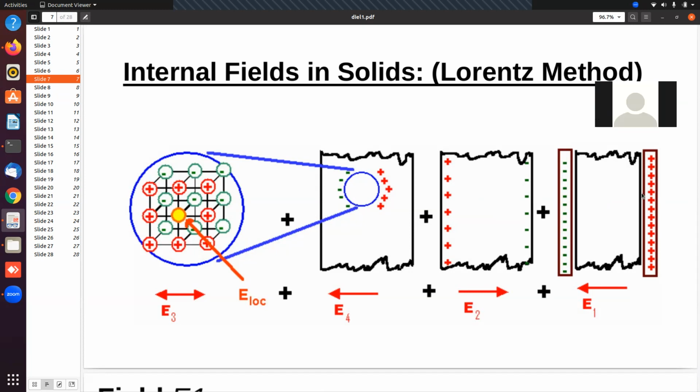Yeah, Banshida. So in figure number 2, that one is also the induced polarization, correct? Yes, yes. And then again you are saying that inside that material there is also a local induced polarization happening. Yes, yes.